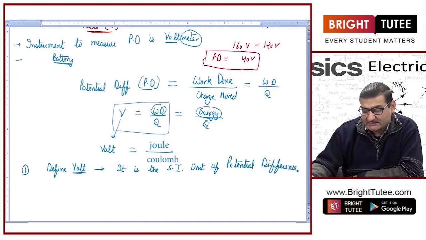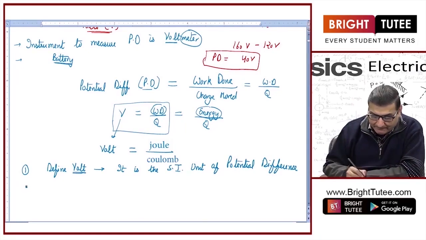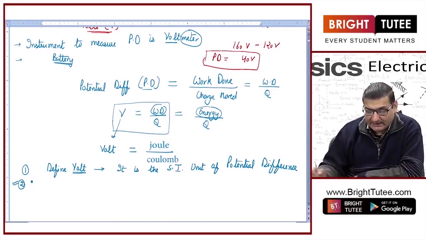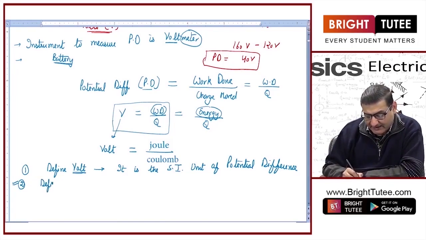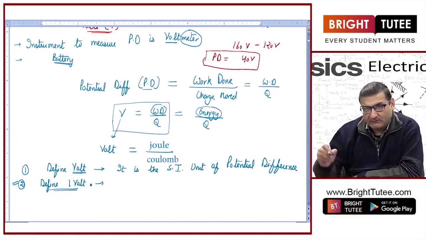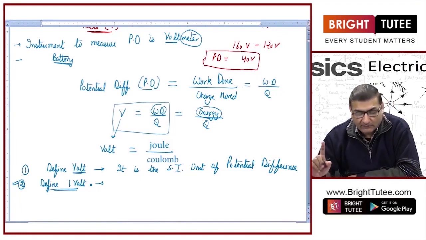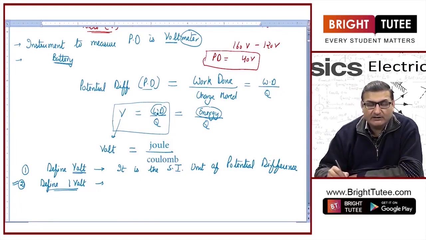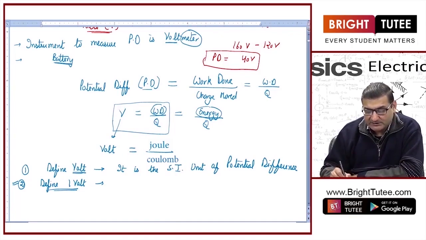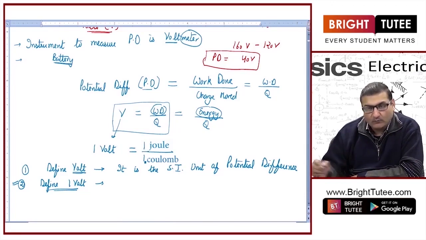But the important thing is, if I am asked define 1 volt, or define 1 volt of potential difference. Whenever we are asked in this sense to define 1 volt, we always define it with the help of the formula. In this formula, we have seen volt was equal to joules upon coulomb. So 1 volt will be equal to 1 joule upon 1 coulomb.